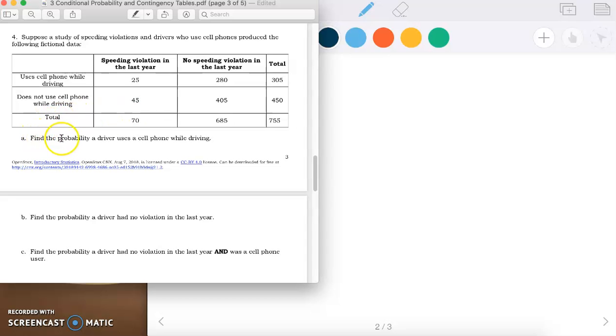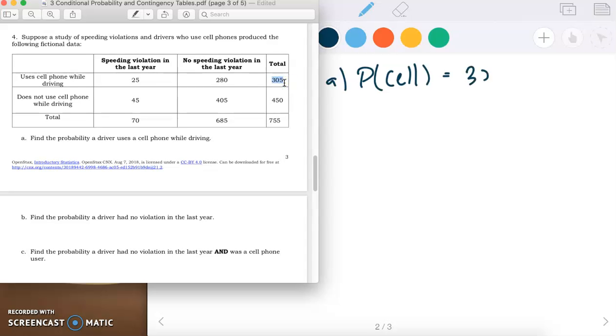All right, find the probability a driver uses a cell phone while driving. So again, in this one, we don't have any givens, we don't have any ands. We are just looking at what's the probability of them using a cell phone while they're driving. So I'm just going to write cell, like uses their cell. The total number that use a cell is all the way over here, 305 used a cell phone.